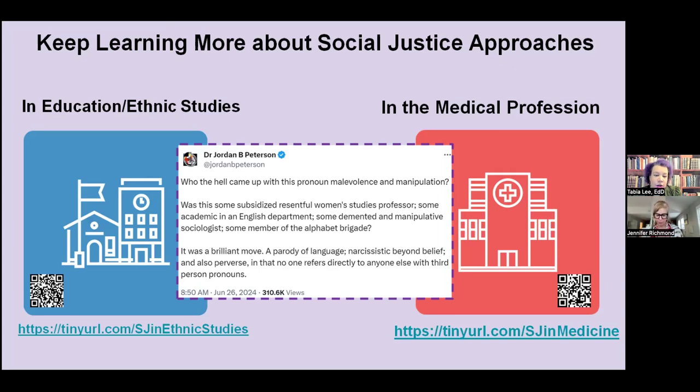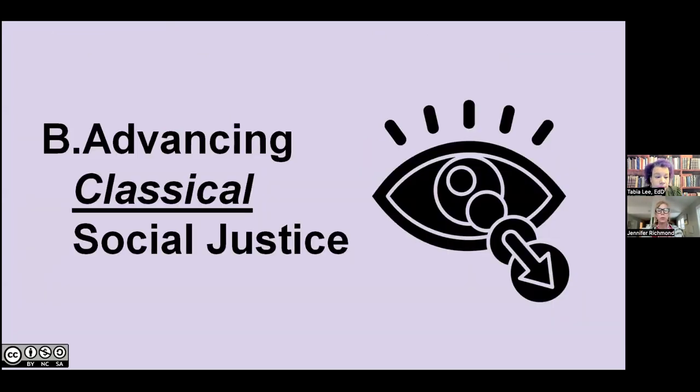I also have a one-pager on social justice approaches in the medical profession, because the medical field is a field where the social justice disciplines and topics have been pushed in by critical social justice ideologues, and it's overtaking medical training and education as well.